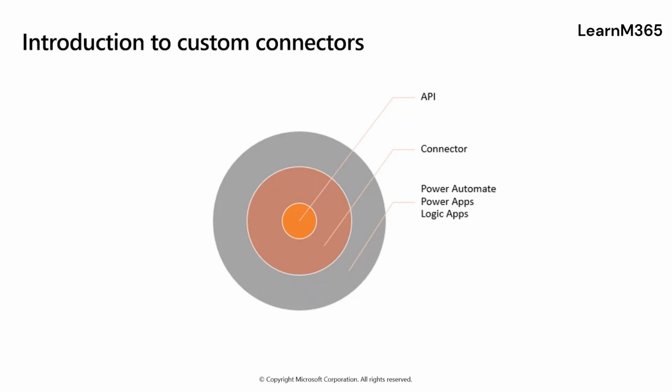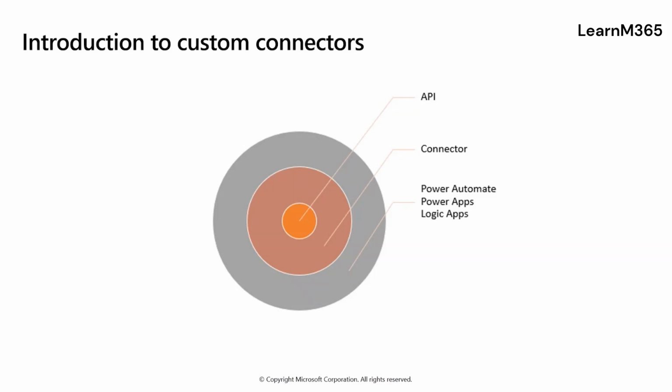They have triggers that allow automation to start when a triggering event occurs. So therefore, when we are talking about connectors, we are having the thoughts around triggers, actions, and connecting with the data.